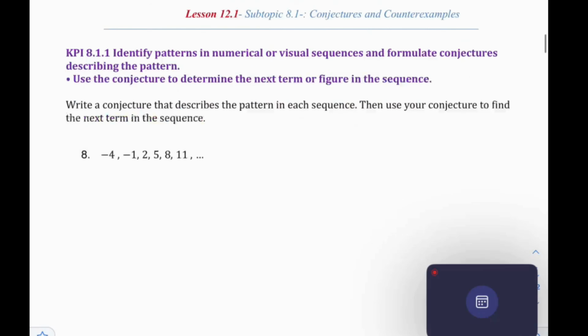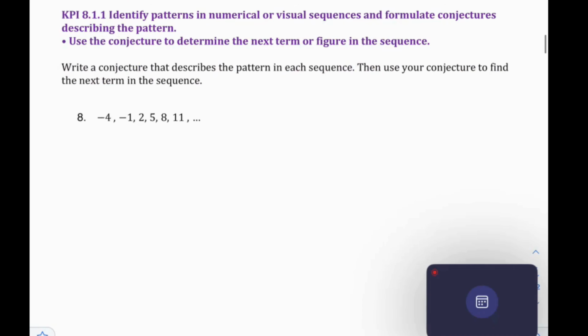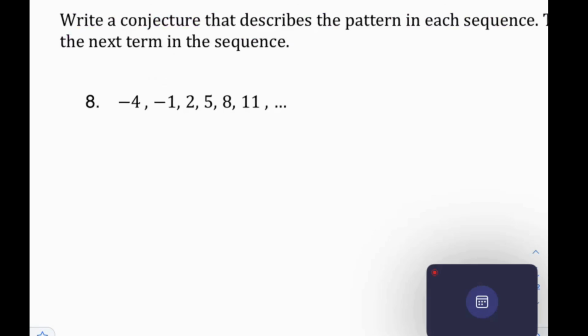So let's start with this question. Write a conjecture that describes the pattern in each sequence, then use your conjecture to find the next term in the sequence. Let's see this sequence. In this sequence, you will notice that the numbers are increasing by 3.